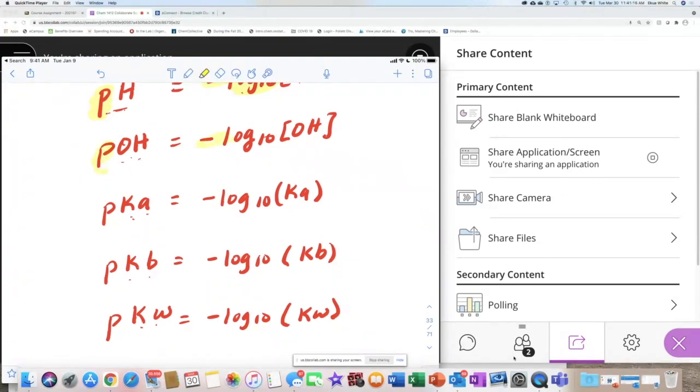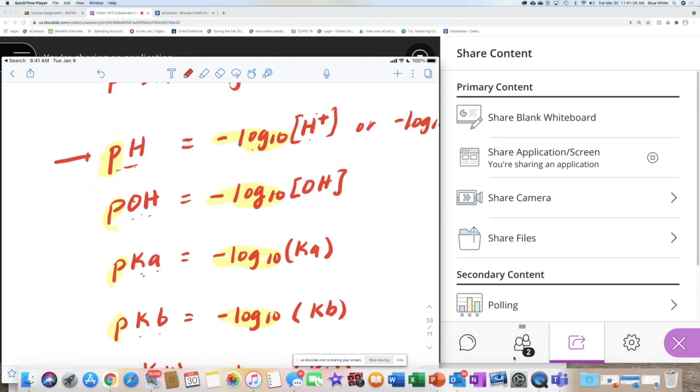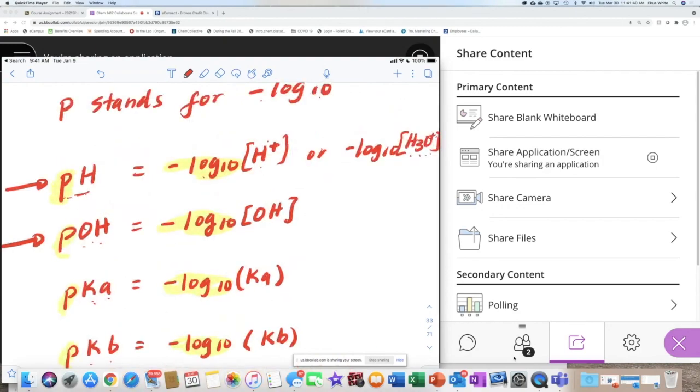Okay, so I'm trying to summarize this in an overview versus going in the order that the slides show. So if you're given a table and asked to solve for, in this case, pH and pOH, the direct question you want to ask is, if I have pH, am I given H plus or H3O plus?